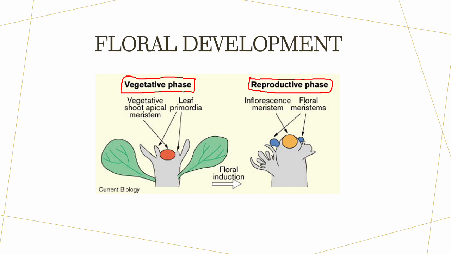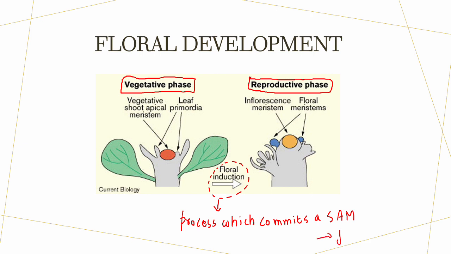Now, there's a very important term called floral induction. What is floral induction? Floral induction is a process which commits the SAM, or the shoot apical meristem, to develop into a flower.